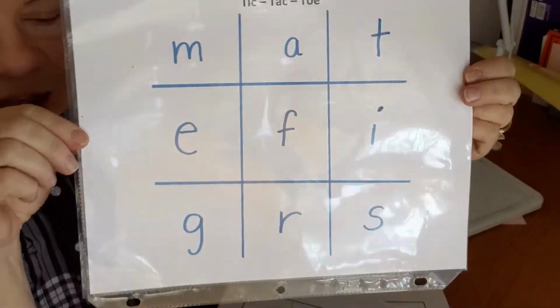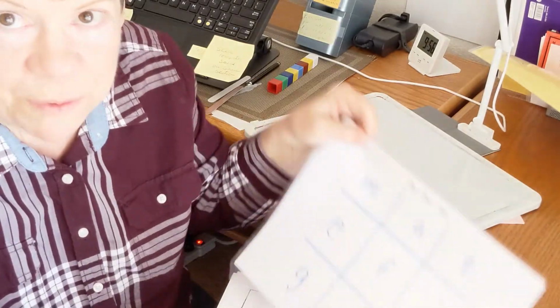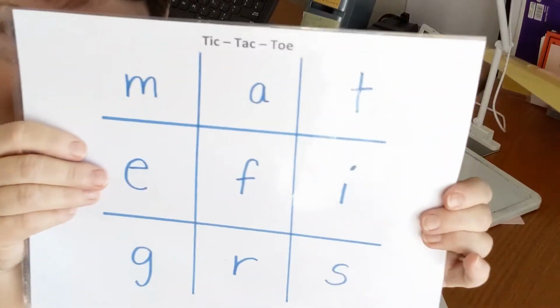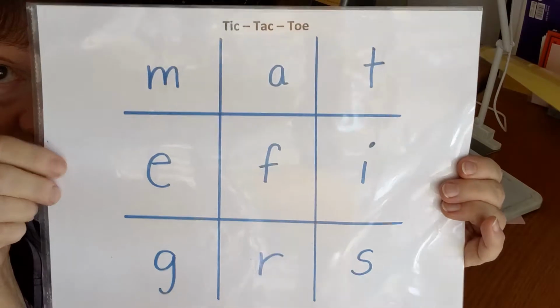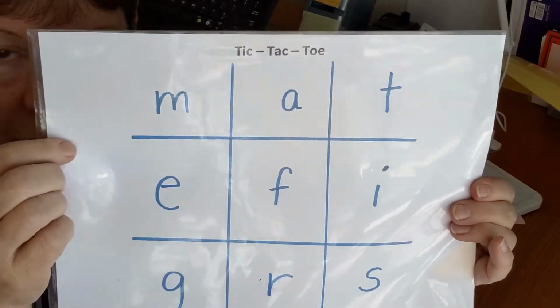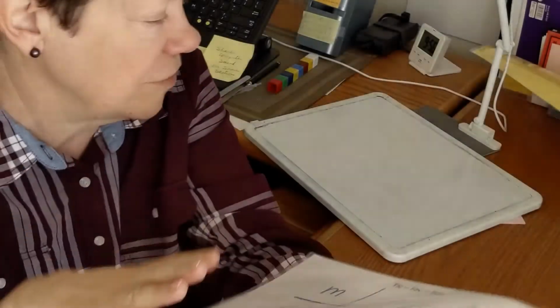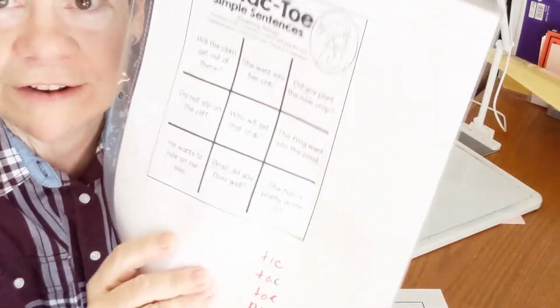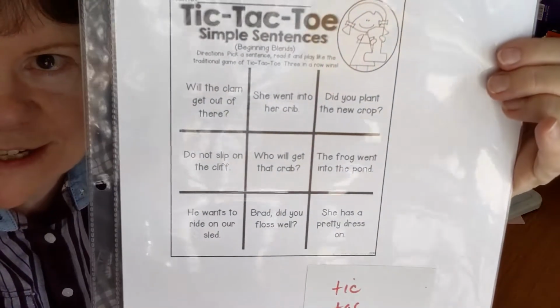The way they have to play this Tic Tac Toe is they have to say the sound before they get that box. Or if you're playing with words, or phrases, there's a phrase one here too. You can put fluency phrases in there.